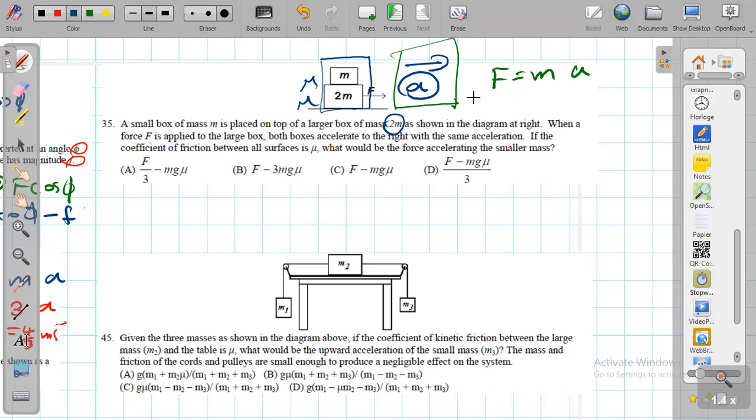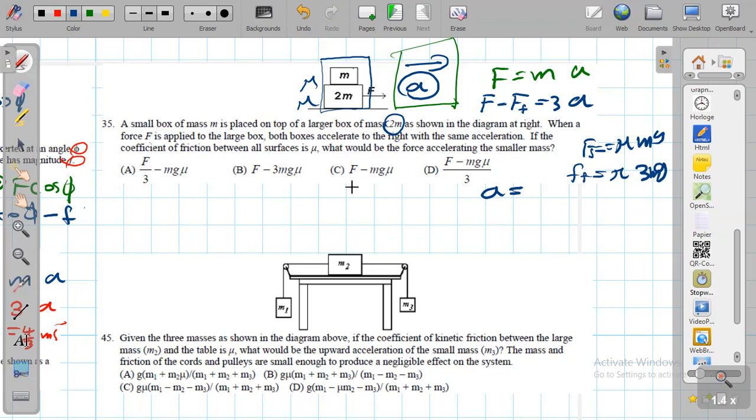It is not just F. F minus frictional force equals 3ma. The frictional force is what? Frictional force is mu mg. M is all together. The frictional force alone is mu 3mg. Right? Mu 3mg.